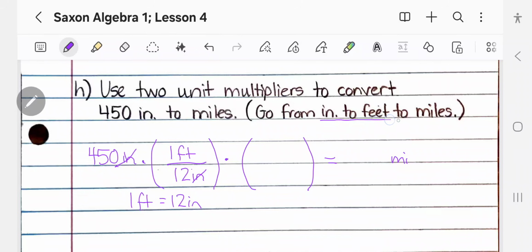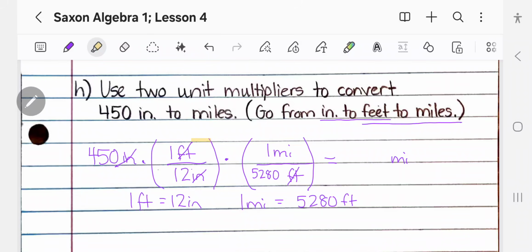So we went from inches to feet. Let's get from feet to miles now. What do we know about feet and miles? That's what we know. We're going to want feet to be down here so that the feet cancel. So let's put the 5,280 here and put the 1 mile above it.